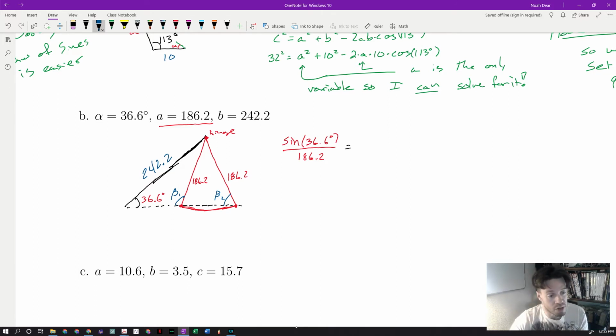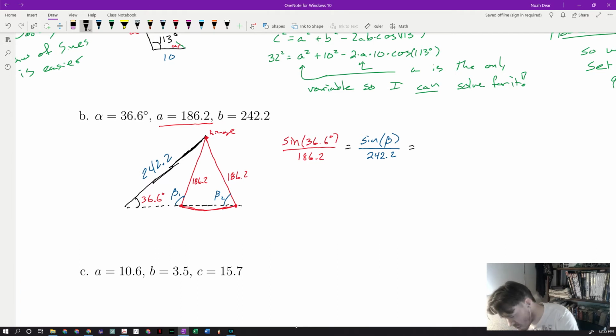But let's look at the equations too as another strategy for determining if law of sines will work. We don't always have to draw the picture in order to know which one will work, just by seeing how the equations get set up. So we get sine of beta over 242.2 equals, and then we need gammas here, so gamma 1 and gamma 2 goes all the way across there.